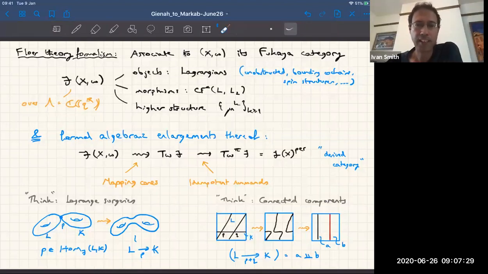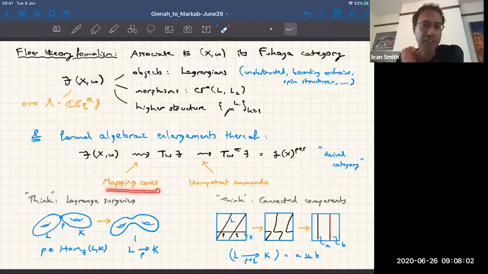And one then includes idempotent summands to arrive at what's called Tw^pi of F, or maybe perfect modules, sometimes just called the derived Fukaya category of my symplectic manifold. Okay, and we think about these two algebraic enlargement processes somehow as being geometric, at our first naive picture.